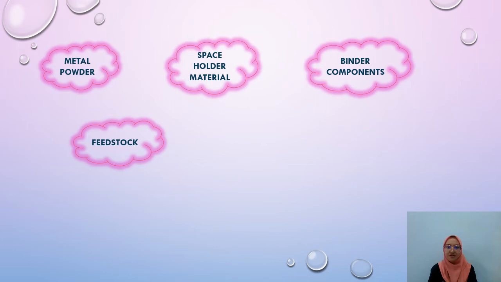The feedstock is compared based on the type and percentage of composition of space holder material. Injection molding process. The green part will be manufactured in this process. The feedstock will be injected into the stencil-shaped cavity mold.